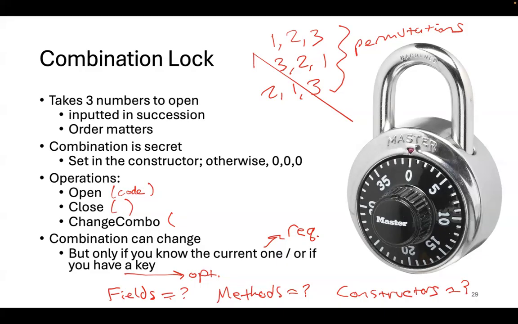And then I think you might need a field for the combo, and a field for a boolean saying open or closed. And then I think that's only two fields. Open is true, closed is false.